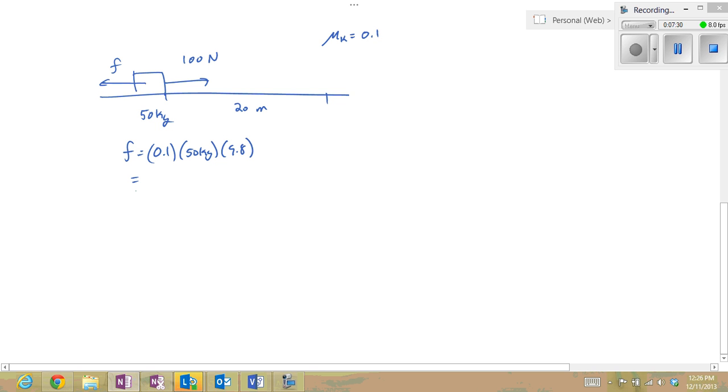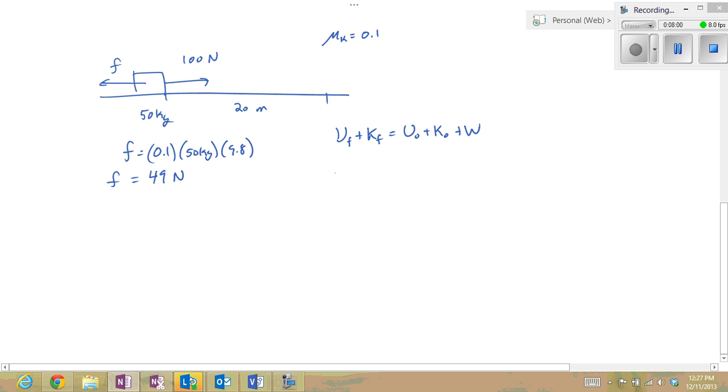So this is going to equal, I think, about 49 newtons. So I can look at my energy change then as U final plus K final equals U initial plus K initial plus any work lost in the system or work done by my force.